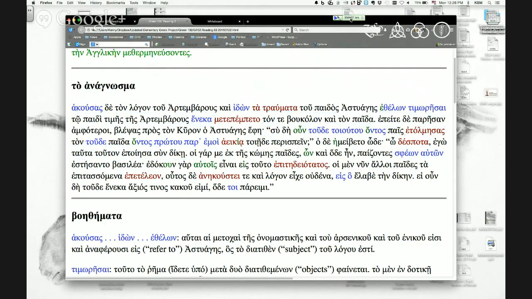I love this passage for this one. We talked about houtos, haute, touto, and now we've got this other demonstrative pronoun, hode, hede, tode.